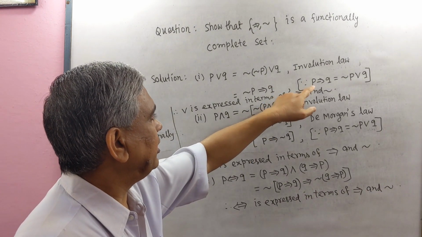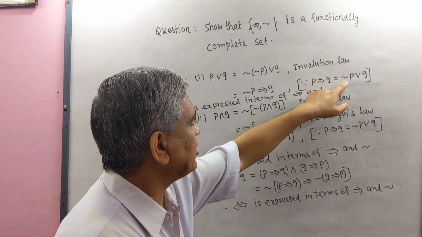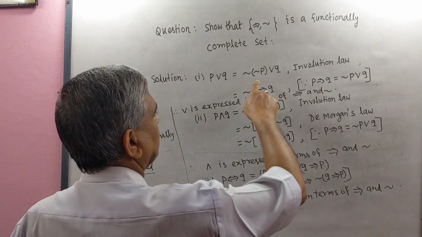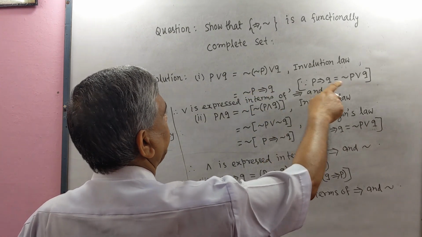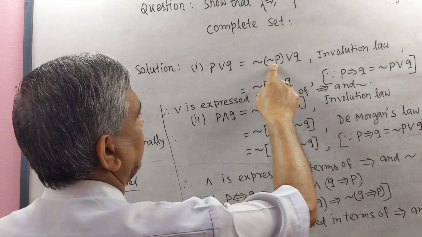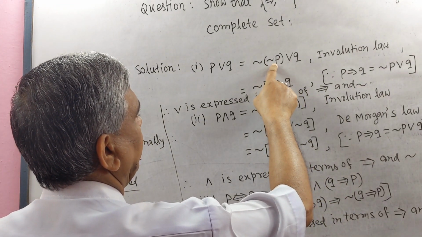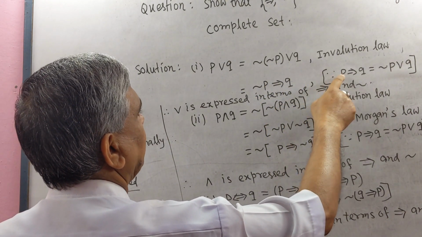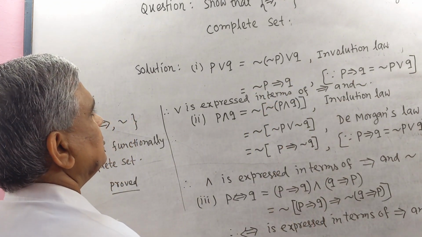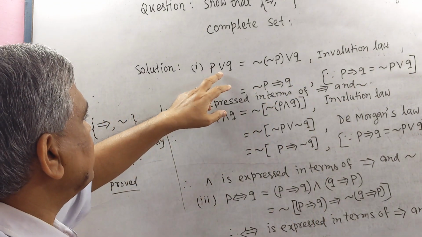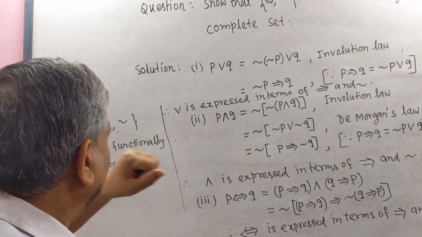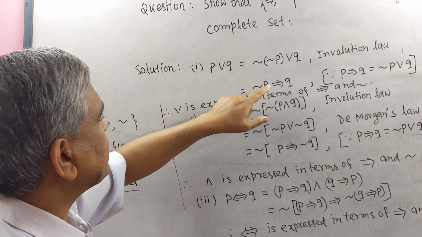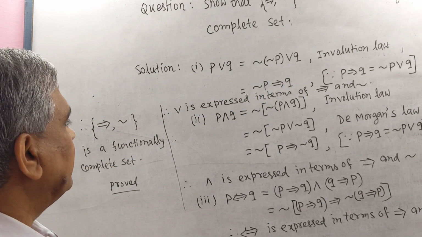Since we know that P implication Q equal to negation P disjunction Q, here in place of P we have negation P. So we write negation P implication Q. So disjunction is expressed in terms of implication and negation.